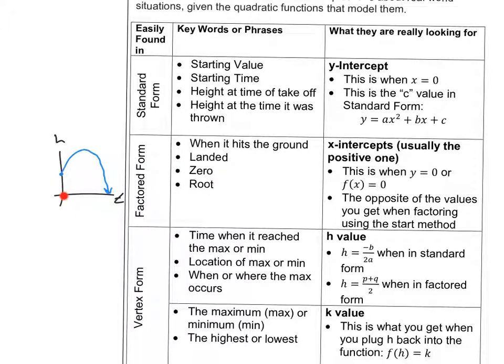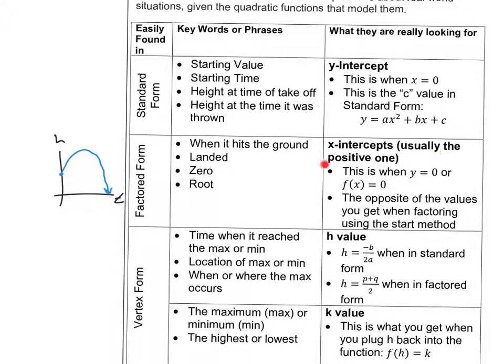Well, when time is 0, it's going to have some starting height, and usually it doesn't take off from the ground. It could take off from the ground and go up, but usually for throwing a ball or something, it's going to start with a height of wherever our arm is or wherever our hand is. Then it goes up and it hits the ground, and you think about it, that's the 0, right? That's the x-axis. So when it hits the ground is a 0 or an x-intercept.